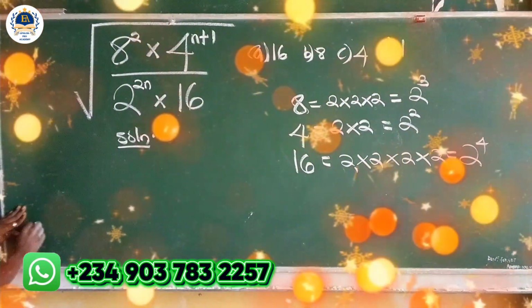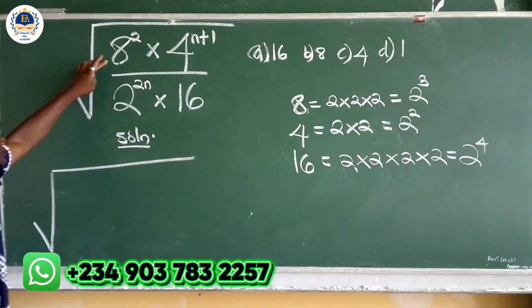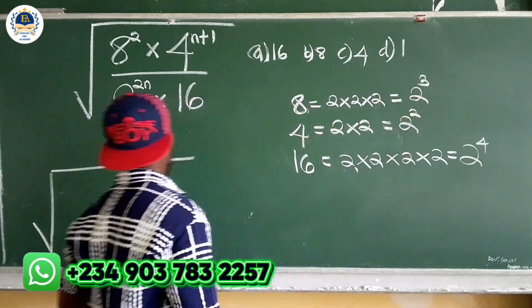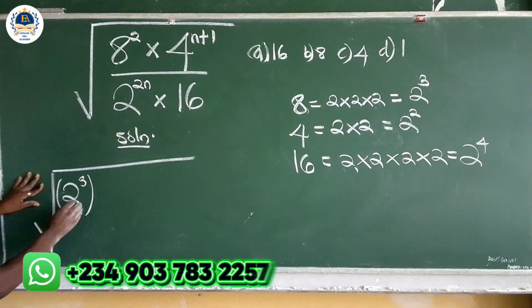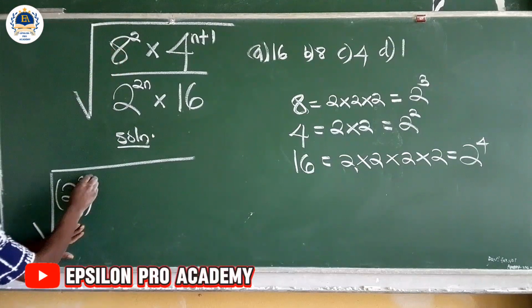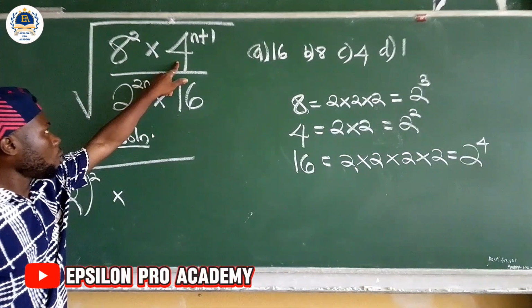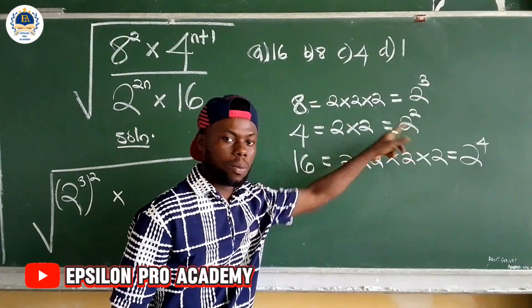In the question we have the square root of 8, which is the same as 2 raised to the power of 3. So in place of 8, I will put 2 raised to the power of 3 in bracket raised to the power of 2 times 4. 4 is the same as 2 raised to the power of 2.